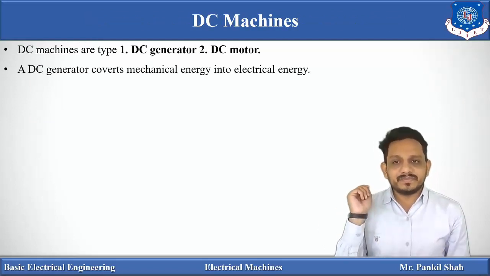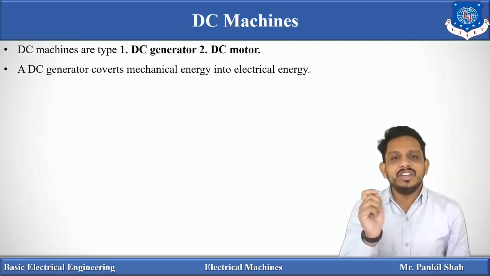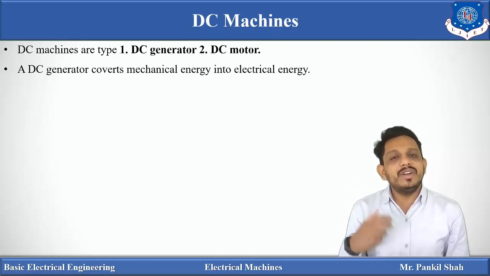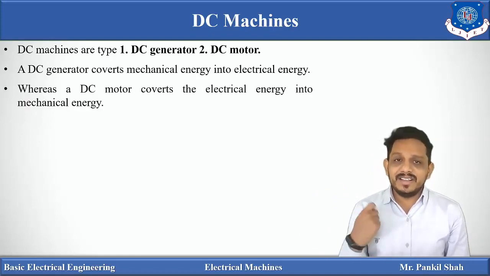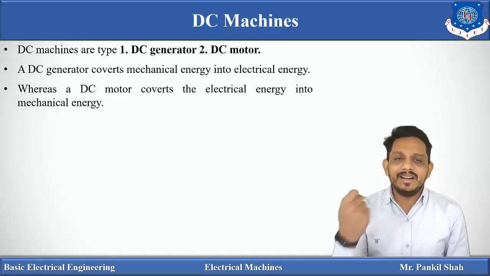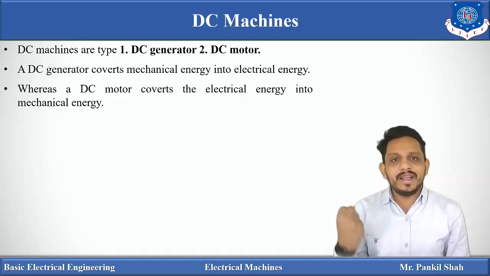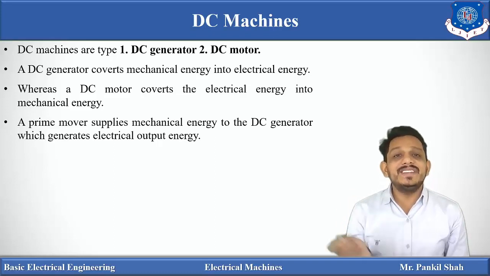The DC generator converts mechanical energy into electrical energy. Means in a generator you apply the mechanical energy and you get the output as electrical energy. Whereas a DC motor converts electrical energy into mechanical energy. That means you apply the electrical energy and you get the mechanical output. A prime mover supplies the mechanical energy to the DC generator.